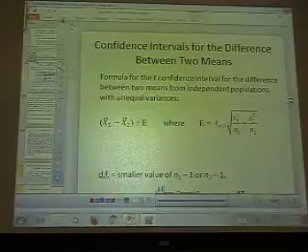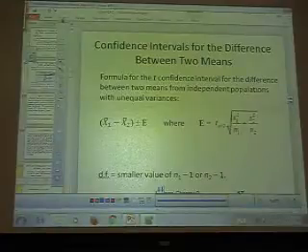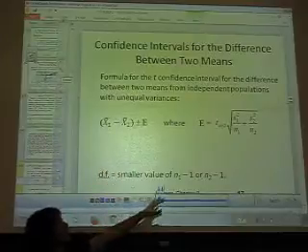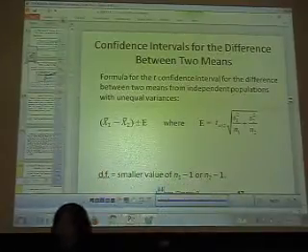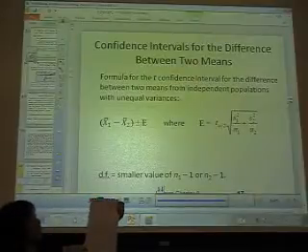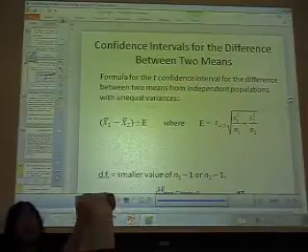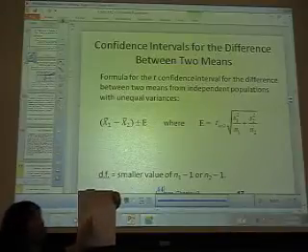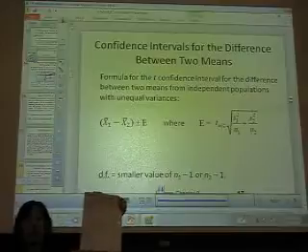This is very similar. It's going to be x bar 1 minus x bar 2 plus or minus your error, or this is your error. But go ahead and go to this page, right? And you can leave the top part, but just put an X through just these 2 problem areas. We're not going to do those. Right? No worries.